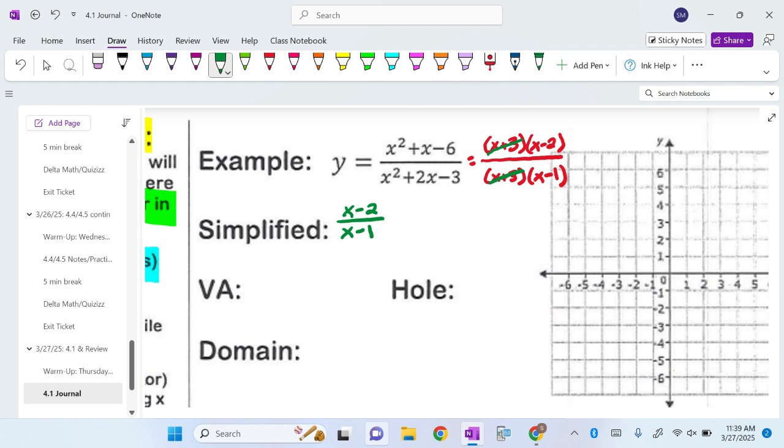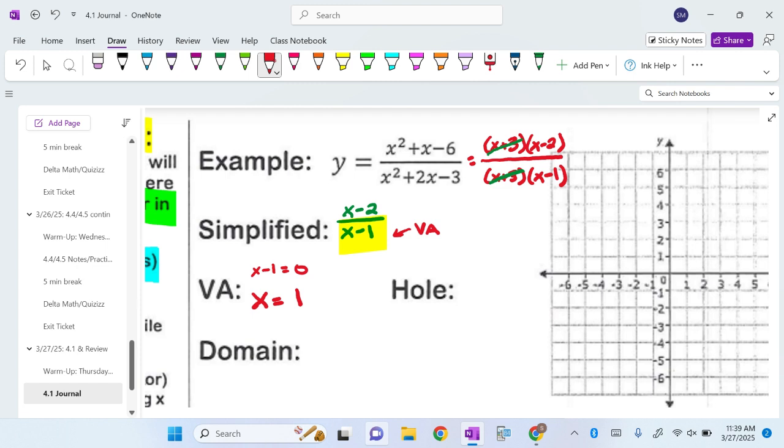Your vertical asymptote comes from whatever's left over in my denominator. This right here gives me my vertical asymptote. And the way I find it is I set it equal to 0 and solve for x. So I would do x minus 1 equal to 0. So my vertical asymptote is at x equals 1.